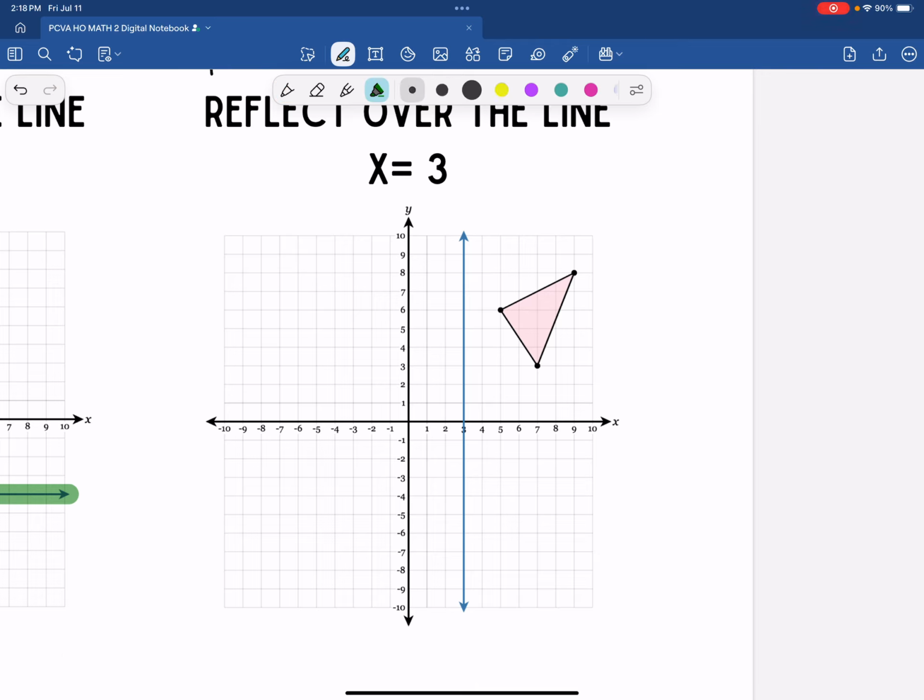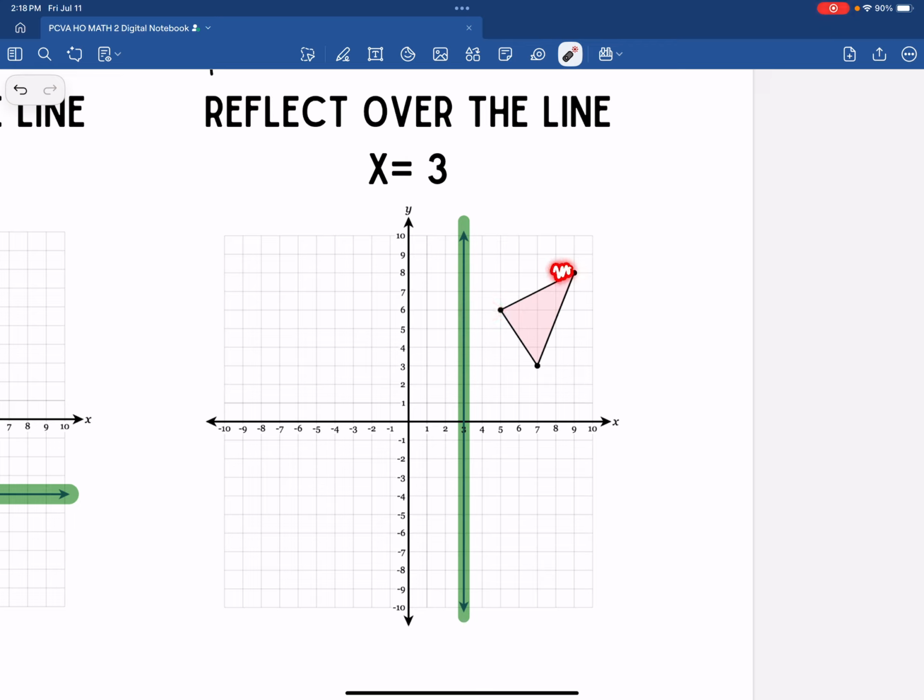All right, so for this one, I have the line y equals 3. For this point, I have 2 units to the line. This one I have 1, 2, 3, 4, 5, 6. And then this one I have 4. So I'm going to do the exact same thing. I'm going to do that same point, and then I'm going to go opposite 2 units on the other side.